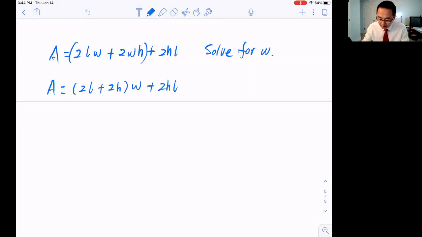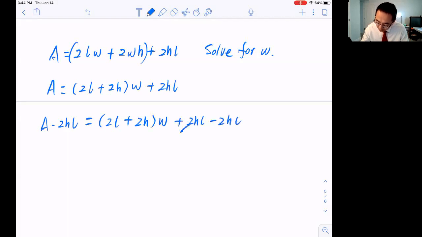Then you subtract 2HL on both sides. So A minus 2HL equals 2L plus 2H times W. Over here, 2HL minus 2HL cancels out. Then you divide both sides by the parentheses, 2L plus 2H, not 2W, sorry.